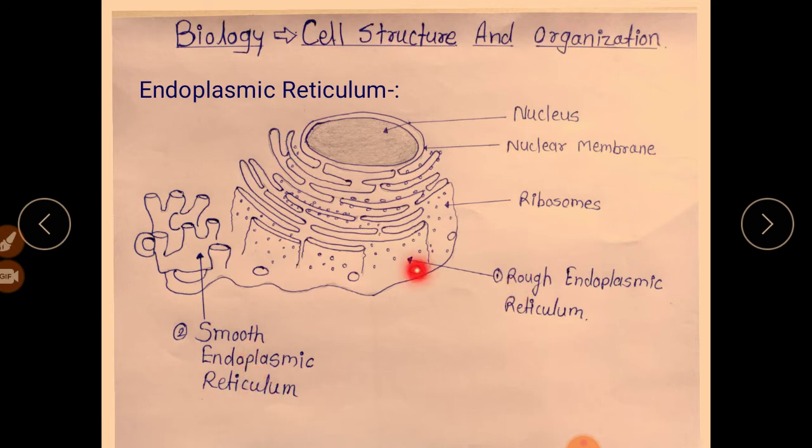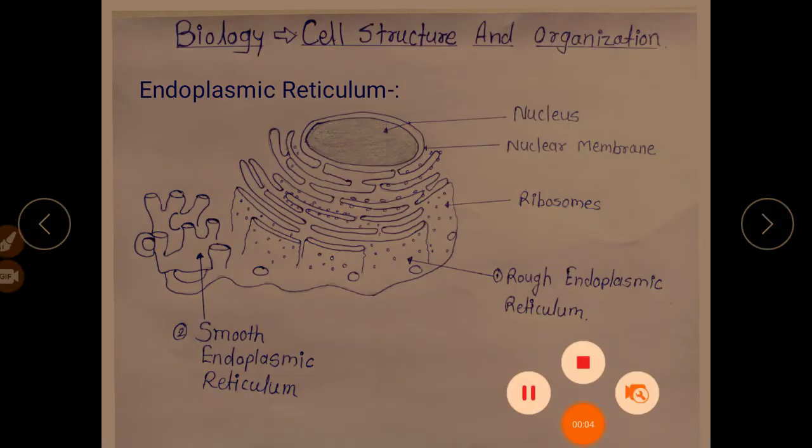On the surface of the lumens or cisternae of rough endoplasmic reticulum, a number of ribosomal particles are attached, but in the smooth type, ribosomal particles are totally absent, so it looks smooth, and rough endoplasmic reticulum looks like a rough structure.